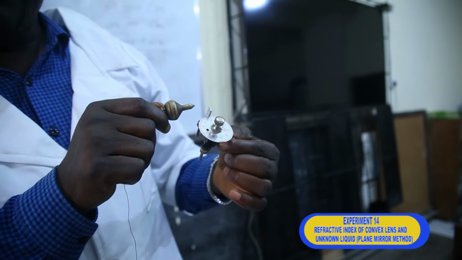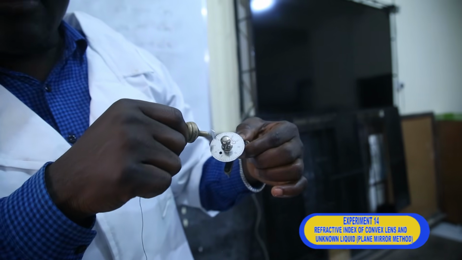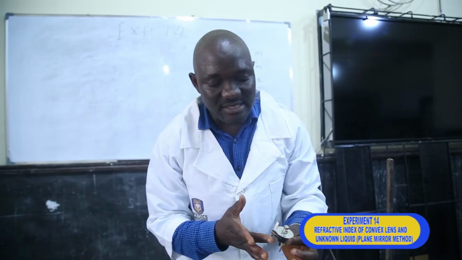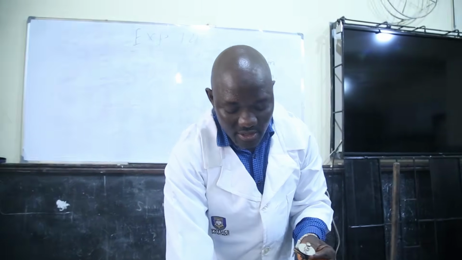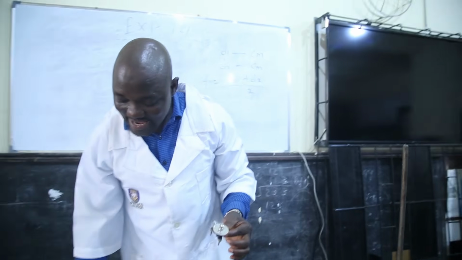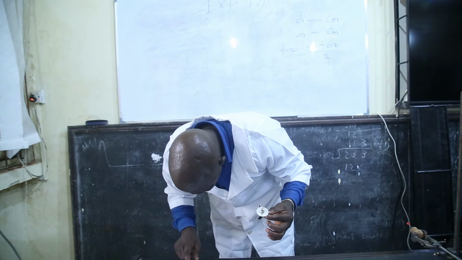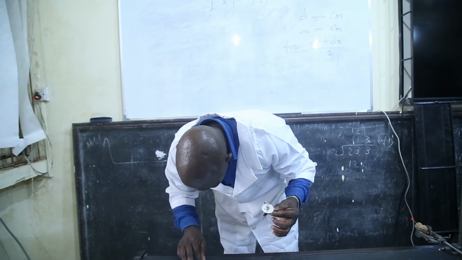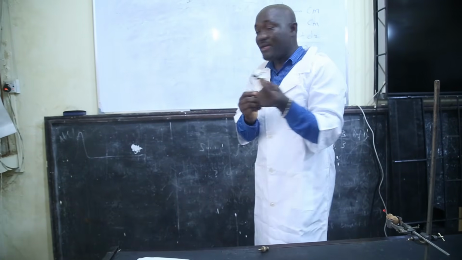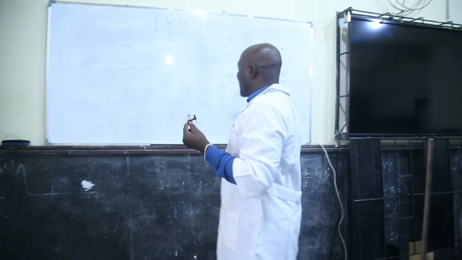So you add whatever you have here, which is 0, plus whatever you have here. So the reading that you obtain when you place the spherometer on the plane mirror, you regard as T1.